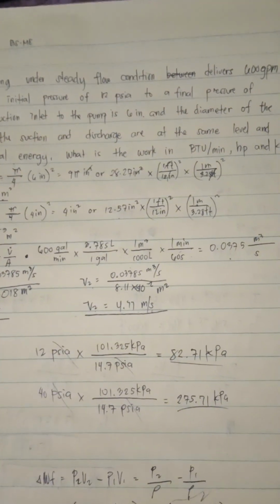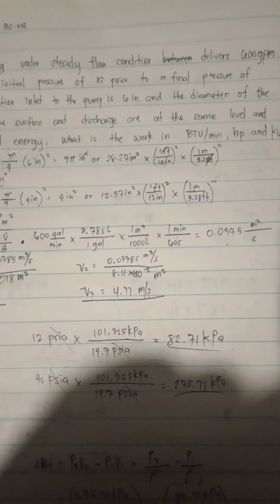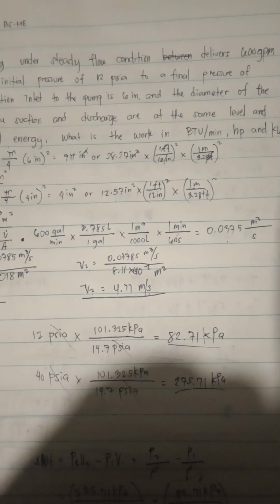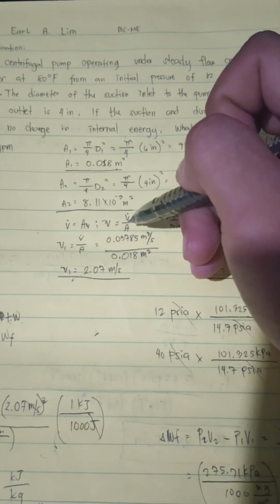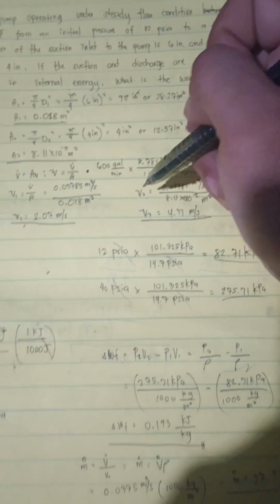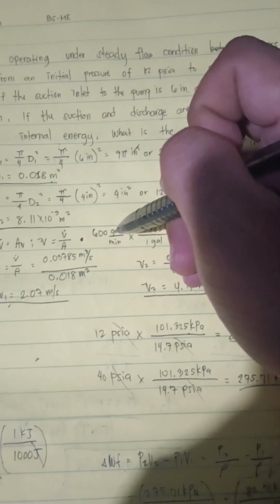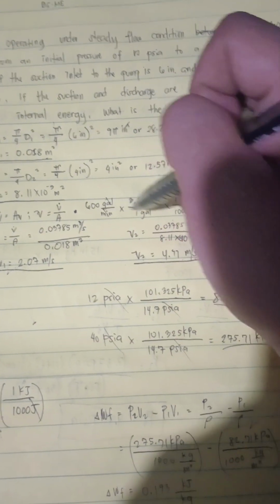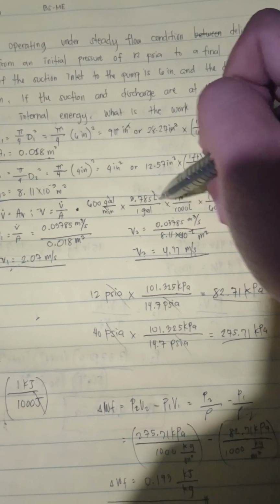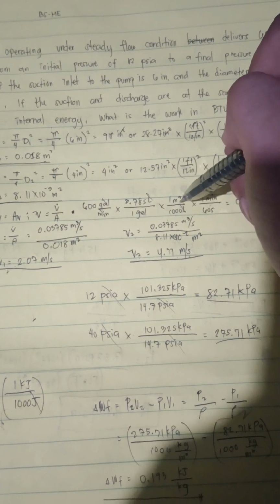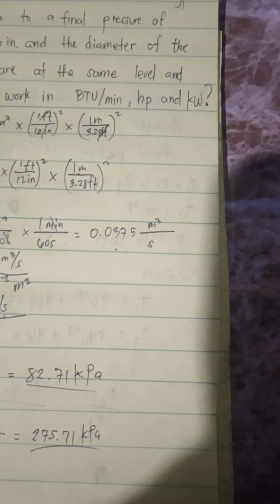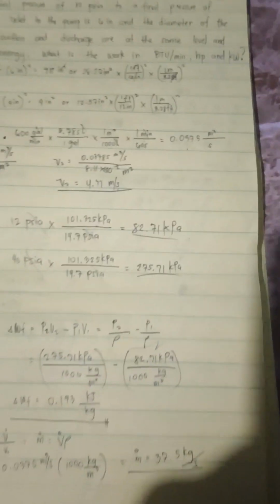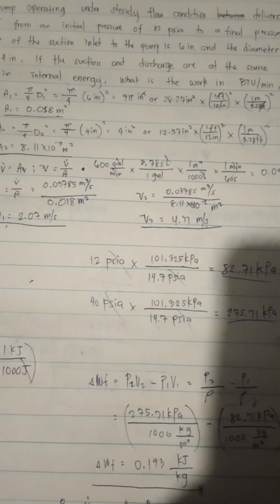So let's cancel the minute, the gallon, and the liters. We have here the final unit of cubic meter per second. So the answer would be 0.0375 cubic meter per second.